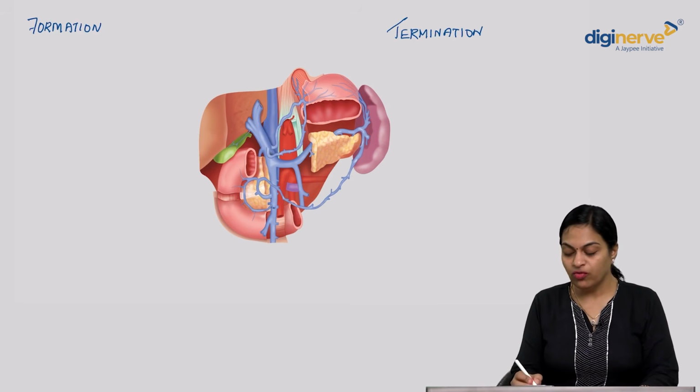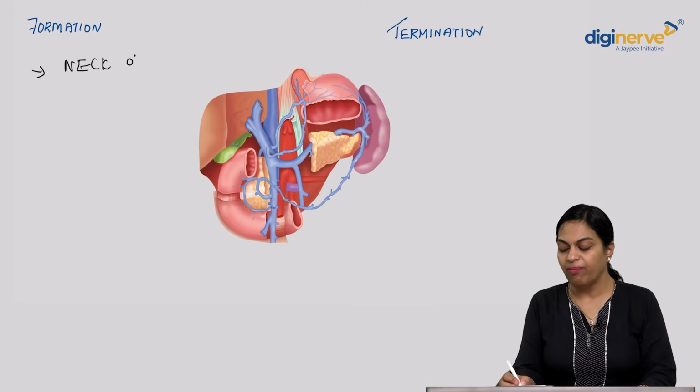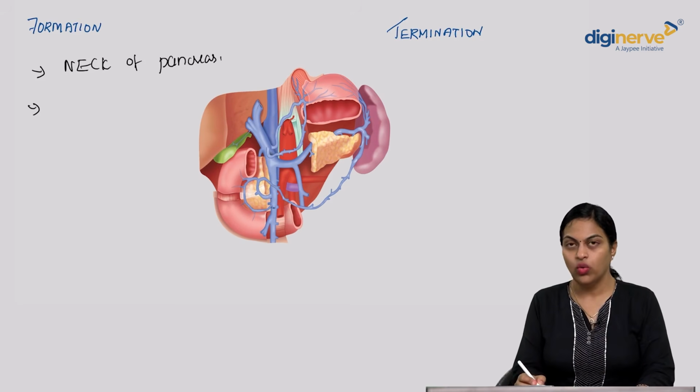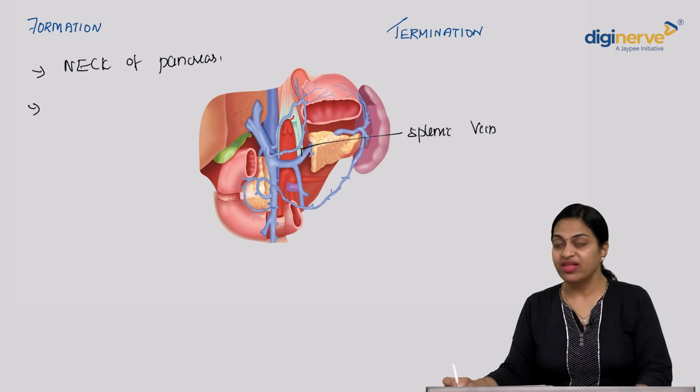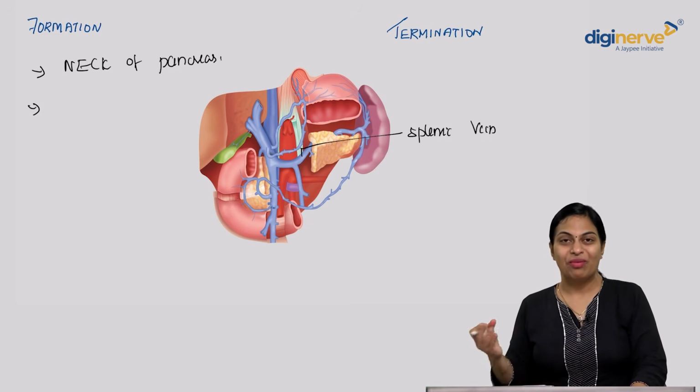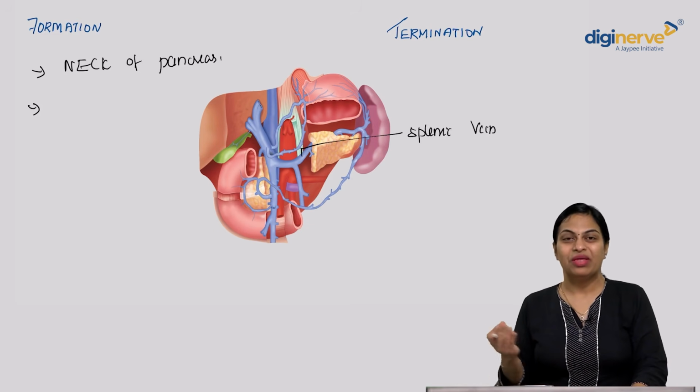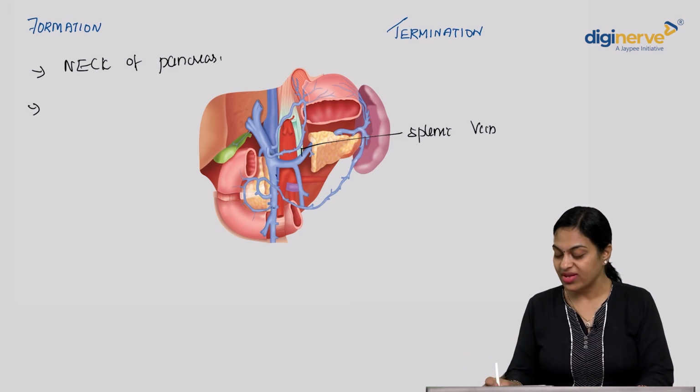So the portal vein is formed behind the neck of the pancreas, at the level of the disc between L1 and L2, by the union of the splenic vein, which drains the venous blood from the spleen, from the pancreas, and from part of the stomach also, isn't it?